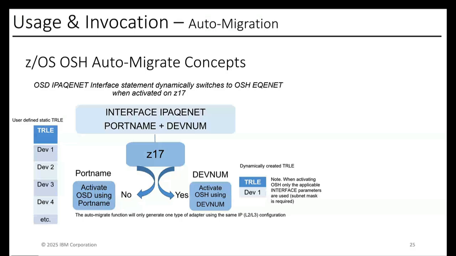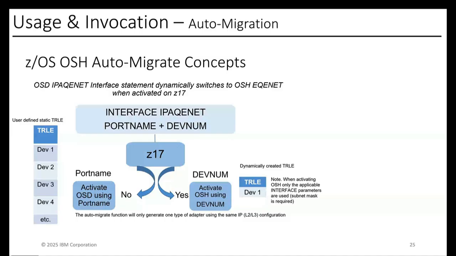It's unusual. Normally that would fail, but we tolerate that. And it's tolerated based on what environment you're operating on. If you're on a Z17, we recognize, oh, this is IPQENet, and they have a port name and a dev number. They want me to auto migrate their IPQENet interface and transform it into an EQENet interface by taking defaults and all of the values that they specified that make sense.